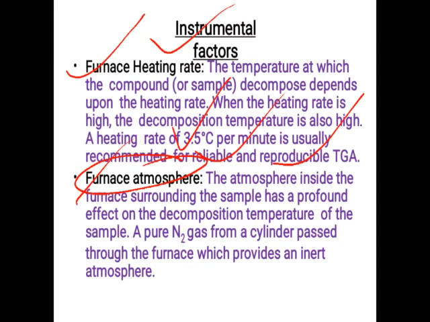But if we keep the internal environment inert, pure nitrogen gas can be utilized as the atmosphere present in the furnace, which is an inert gas. This gas from a cylinder is passed through the furnace and provides the inert atmosphere. So instead of air or oxygen, we can go for nitrogen gas, which provides inertness. So there is no reaction between these gases and the sample. These are the two factors which come under the instrumental factors.